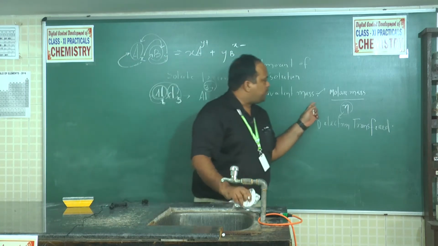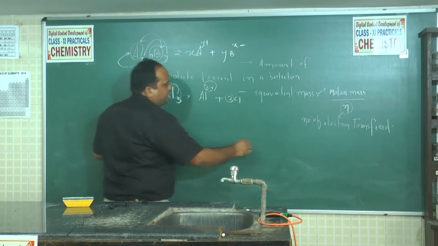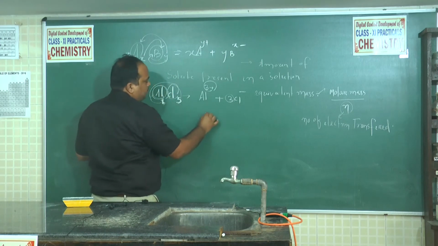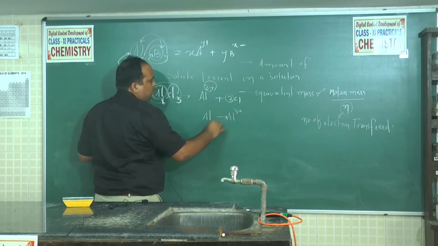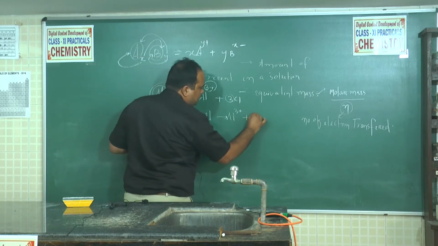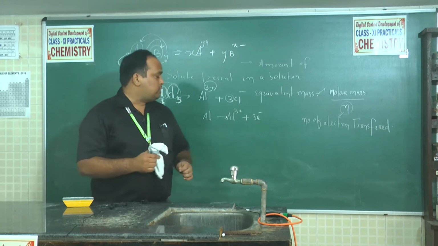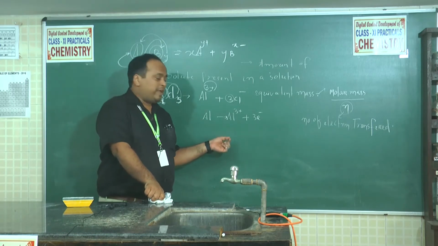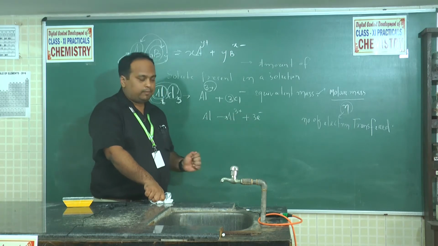So equivalent mass I have written as molar mass by N, where N is the number of electrons transferred. Initially we have aluminium, now we are getting aluminium 3 plus. How many electrons transferred? Obviously 3, because by losing 1 electron it becomes 1 positively charged. When one electron is lost, one positive charge forms, so 3 electrons lost gives 3 positive.